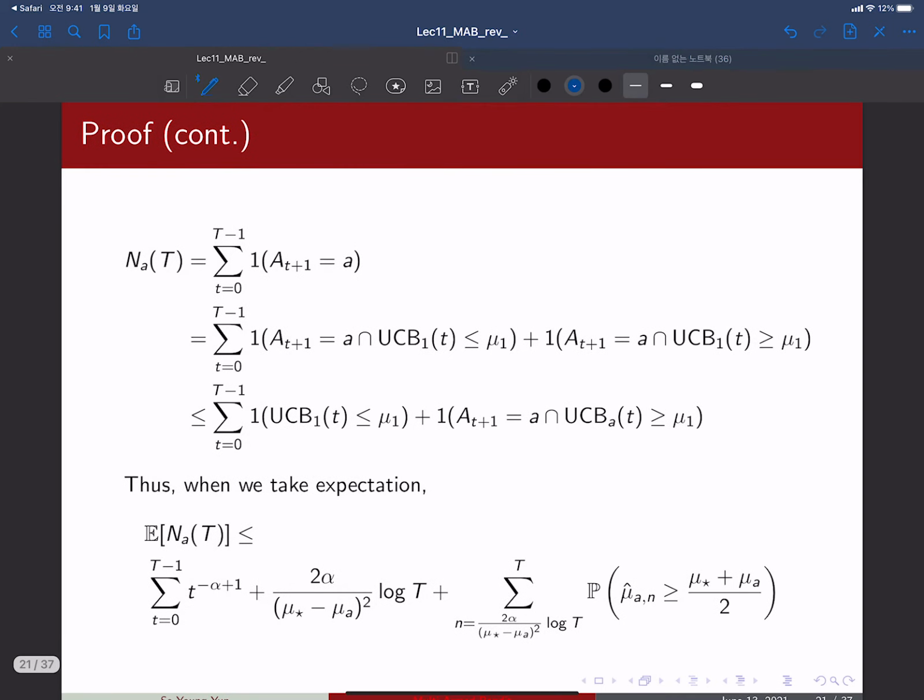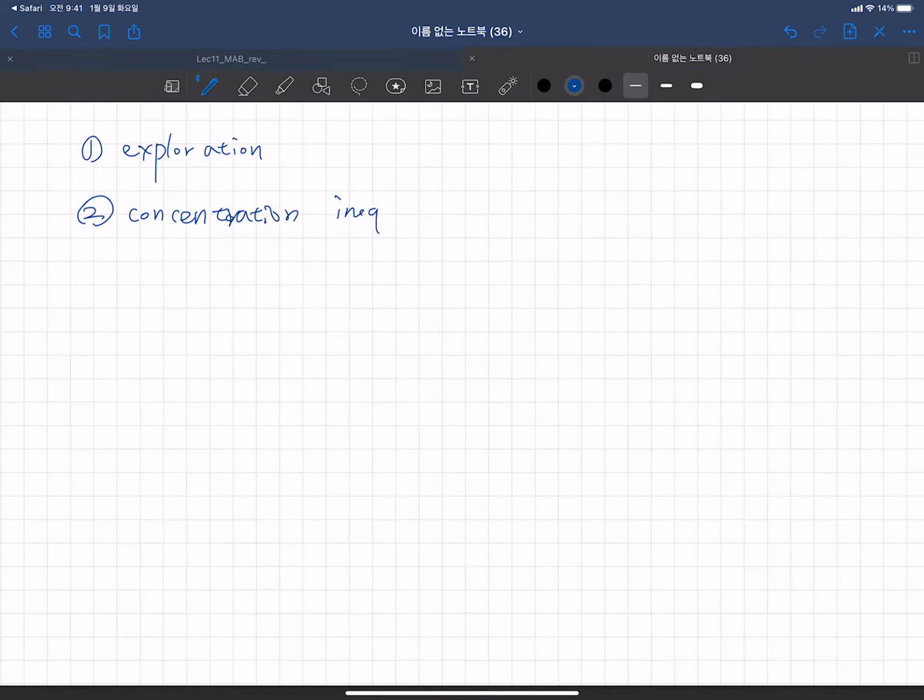Okay, so when you look at this proof, we use a very interesting argument. When arm A can be played instead of the first arm, the best arm, the arm A can be played only when UCB A is bigger than UCB 1, right?